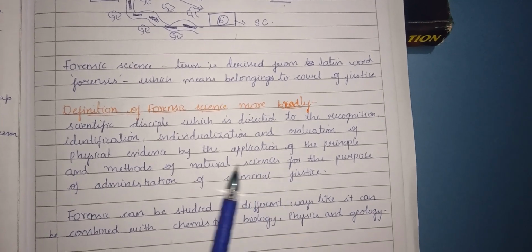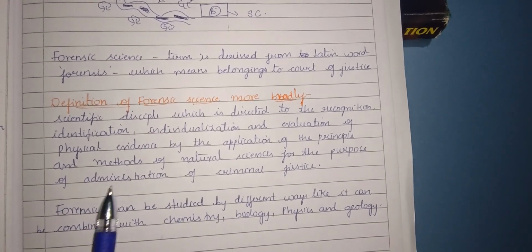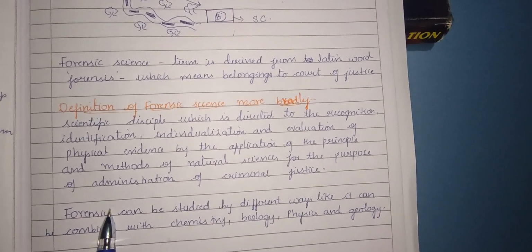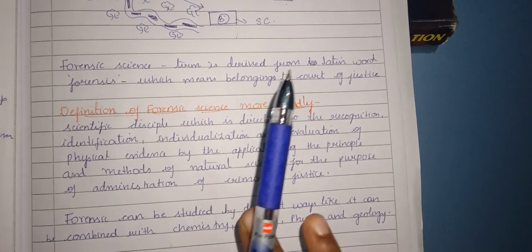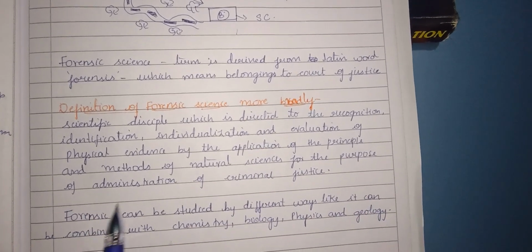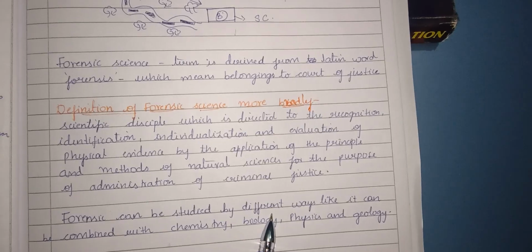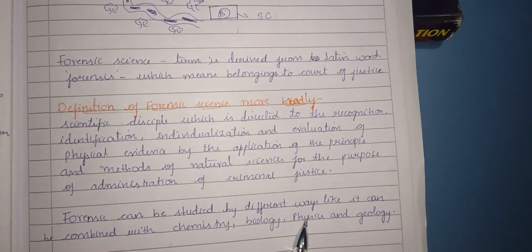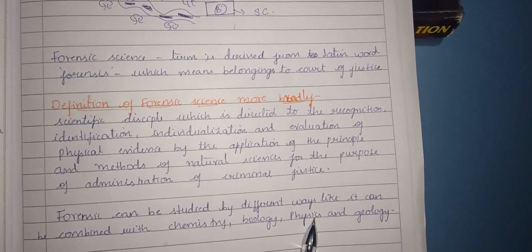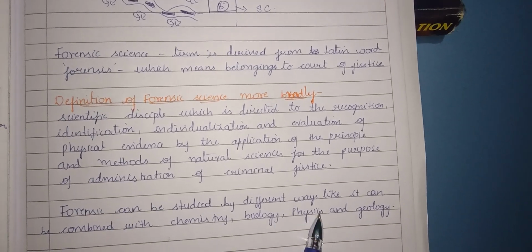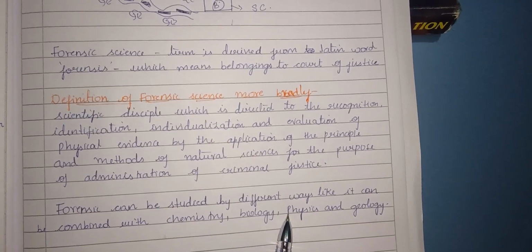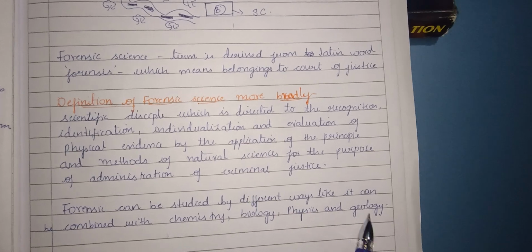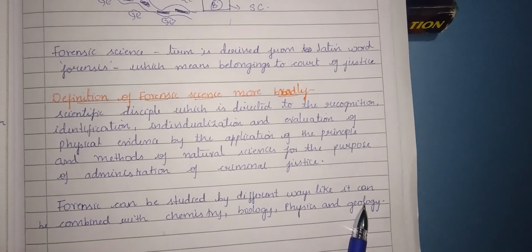So this is a broad definition of forensic science, and forensic science can be studied in different ways. Forensic science can be combined with chemistry to make new topics, and it can be combined with biology, where we can study DNA and so on. It can be combined with physics, where it is mostly used in ballistics, the study of gun-related crimes, and it can also be combined with geology.